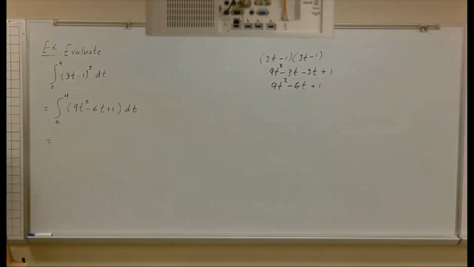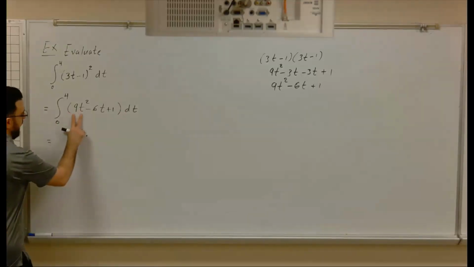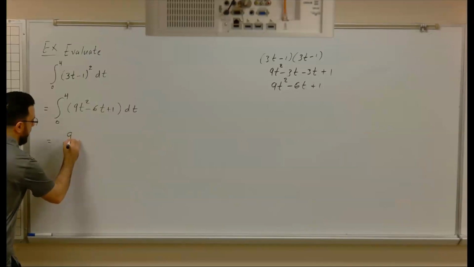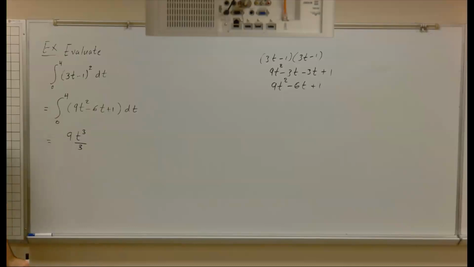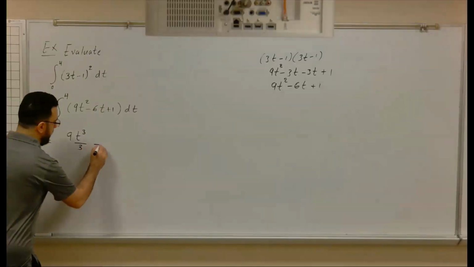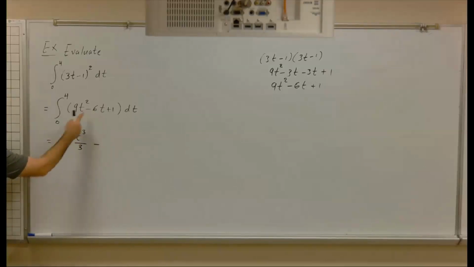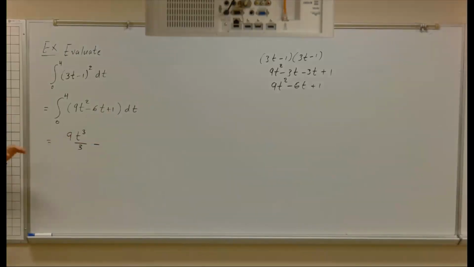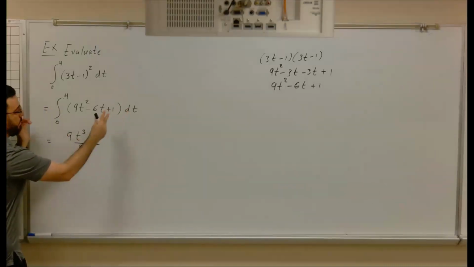That means this is going to be equal to the integral of the first term, 9t squared, which is 9t cubed over 3, minus the integral of 6t. Here's the thing: I'm going to find the integral of the first term, the second, and the third, and I don't have to split these. I'm just going to do it right away.